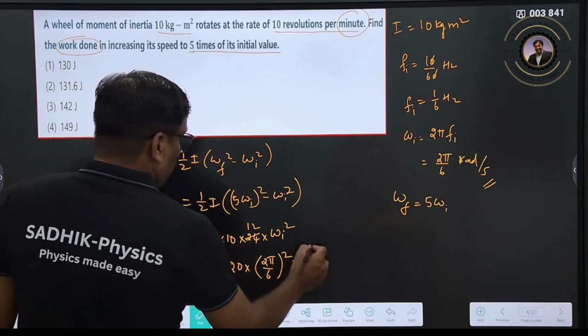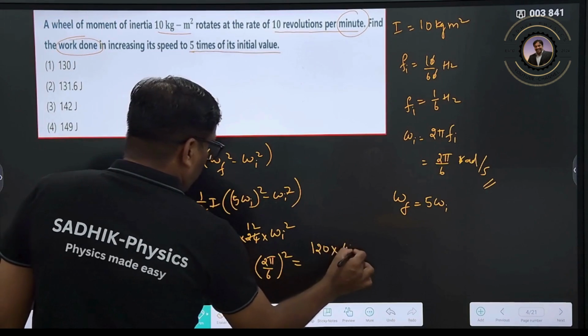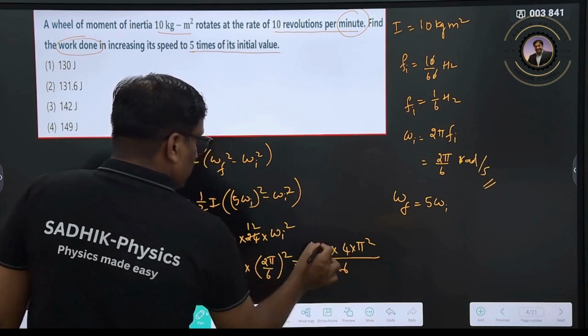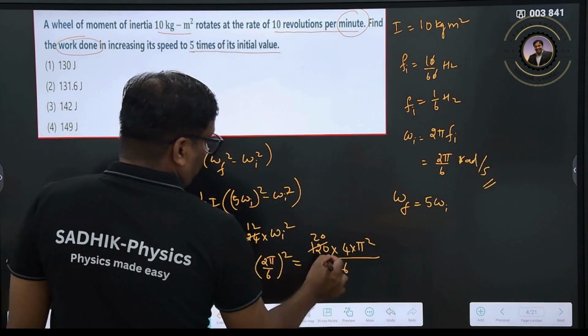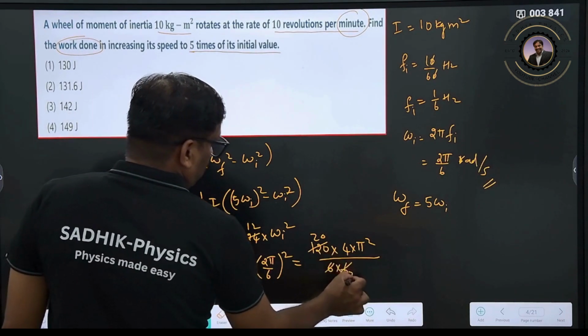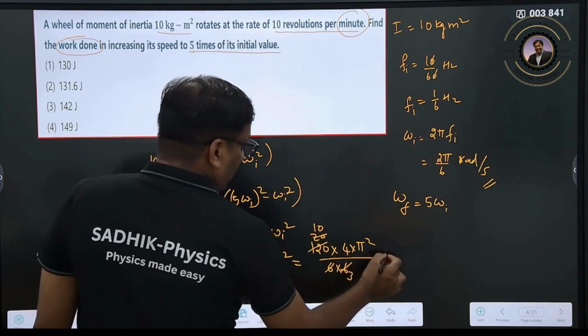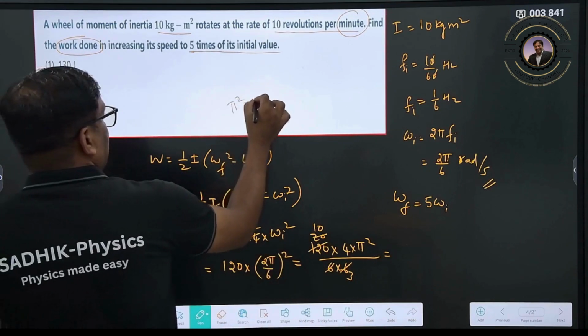So you can write 120 into 4 pi square by 6 into 6. Therefore it will be 10 by 3. This pi square value can be taken as nearly 10.